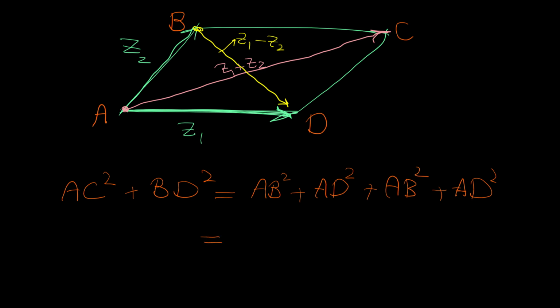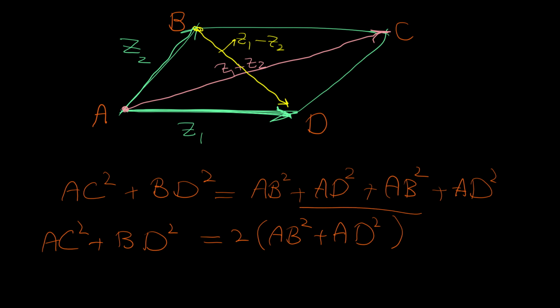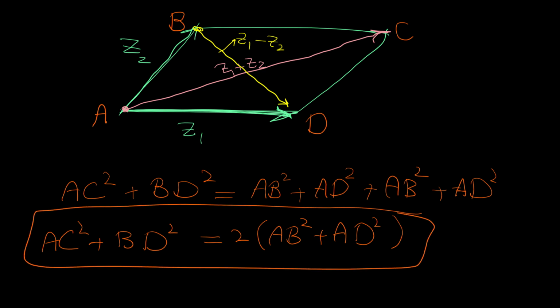Now look at this. We have 2AB² and 2AD², and on the left we have AC² + BD². This is exactly the parallelogram identity in complex numbers.